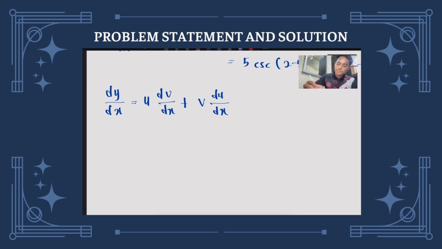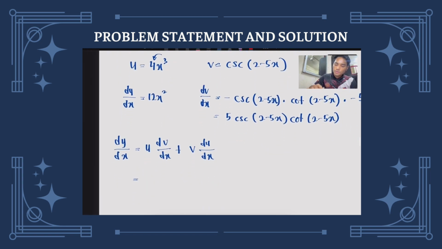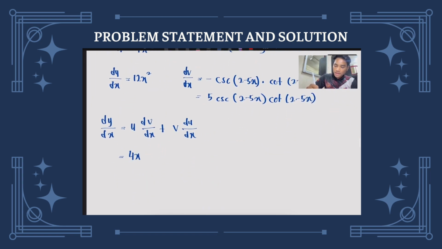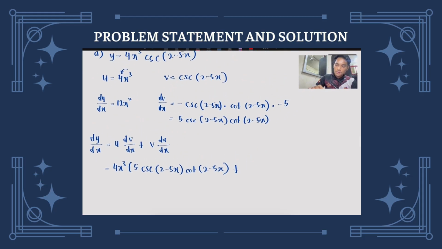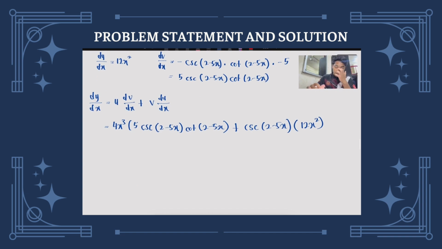You get 4x to the power of 3 times 5 cosecant of 2 minus 5x cot of 2 minus 5x, plus v, the cosecant of 2 minus 5x, times 12x squared.